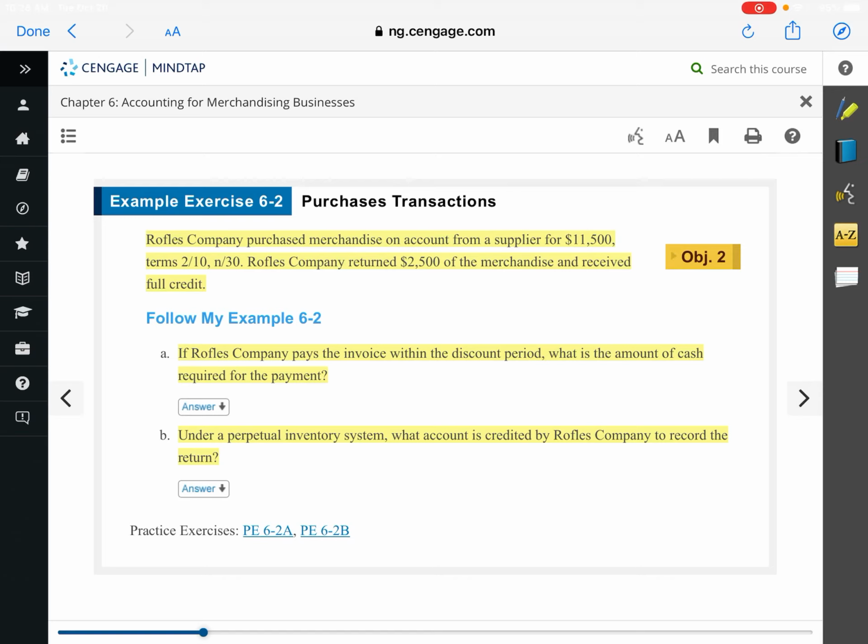And then I want you guys to be able to record an initial sale, which is a debit to either cash or accounts receivable, a credit to sales, that's the first entry, and then a debit to cost of merchandise sold, and a credit to merchandise inventory. Okay. The rest of the stuff we're not gonna have time to cover.